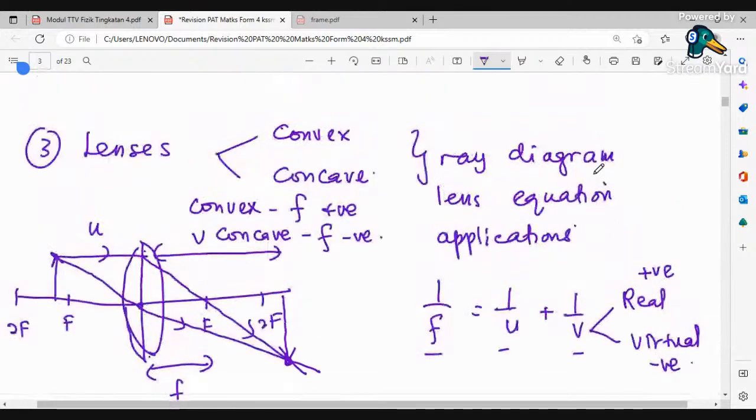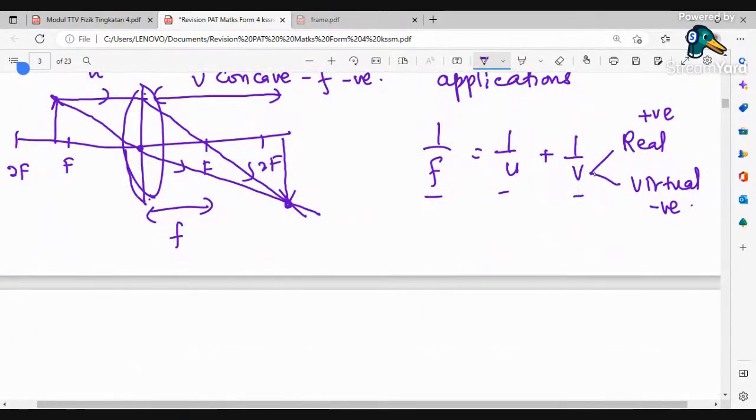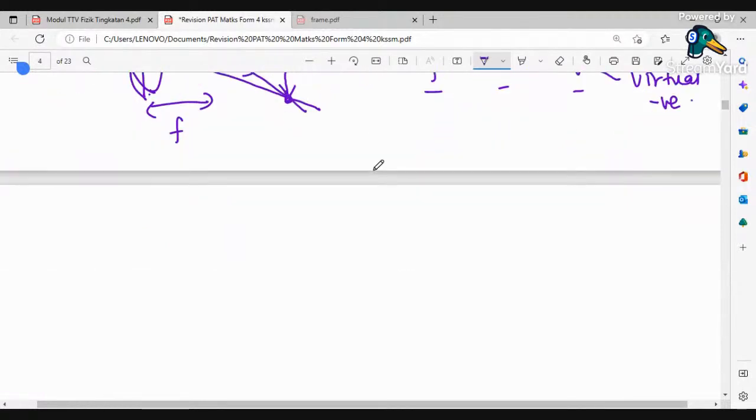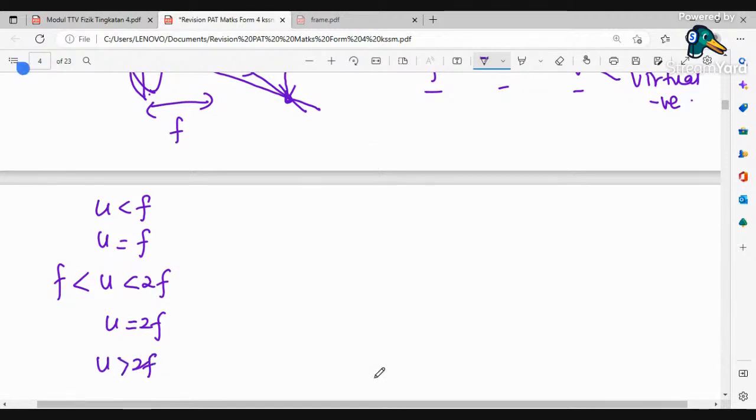Okay, so secara ringkas saja kalau you all nak tengok. Okay, ini adalah convex. Convex converging. Jadi semua light ray akan converge. Ada yang tak converge, you kena extend to the back then converge. Remember the position: U less than F, U equals F, U between F and 2F, U equals 2F, U more than 2F, okay?